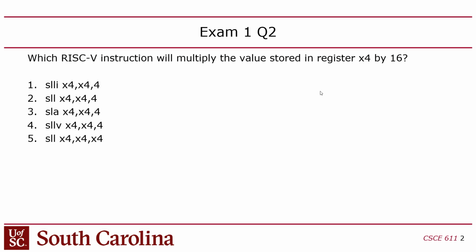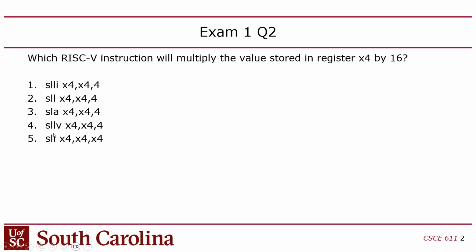If you want to multiply with a shift, then you shift left, and your multiplier would be 2 to the power of how many bits you're shifting. So if you take the log base 2 of 16, you get 4, which means you have to shift by 4 bits to multiply by 16, and you're shifting left. Now, all of the answers are shift left. So which one is the right one?